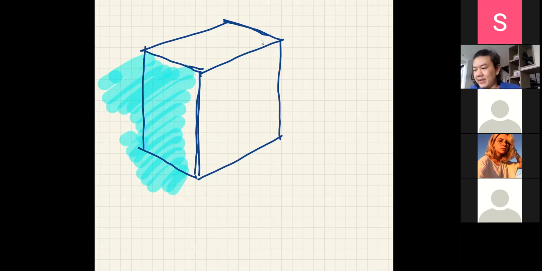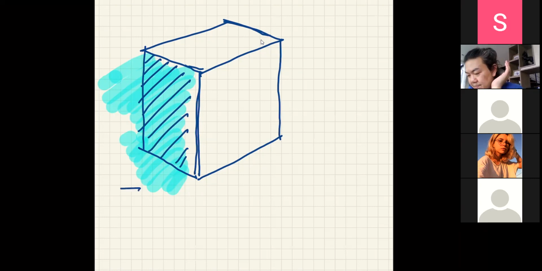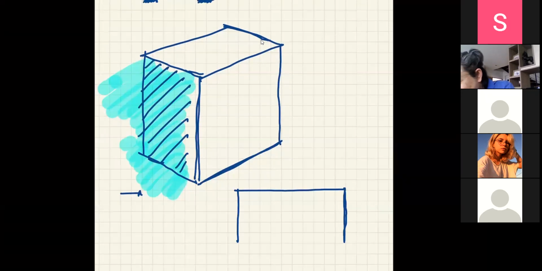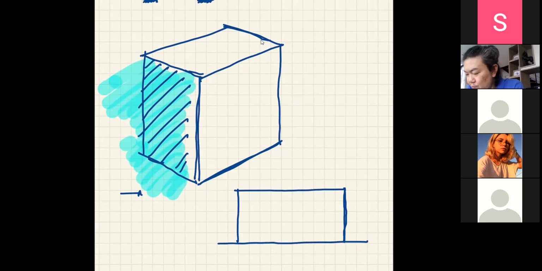So when the wind is going to come in this direction, the wind pressure is going to act on this surface, right? So when I look at the side view, this side is slightly longer than this side. So when I look at this view, I will see something like this, with the wind coming in.